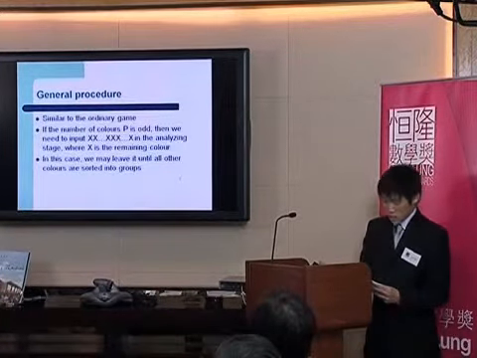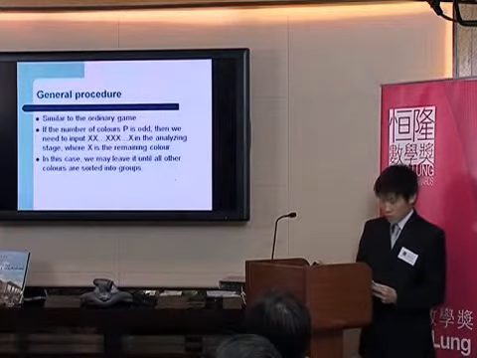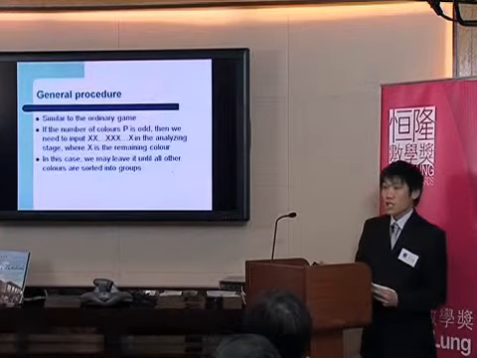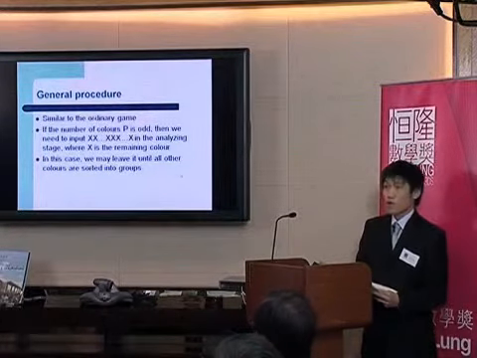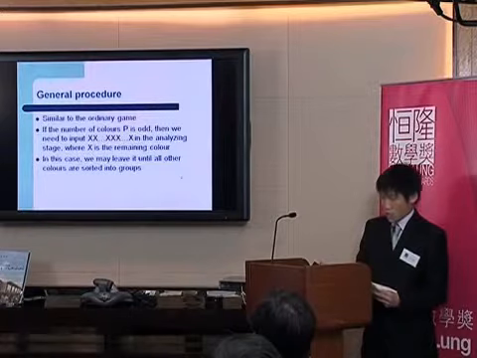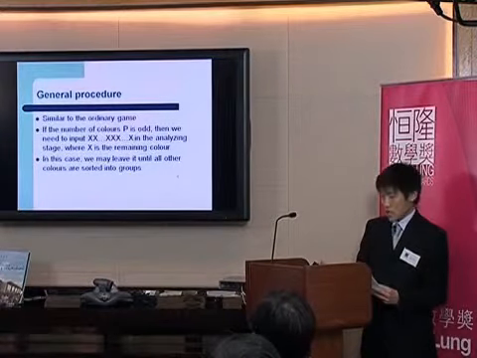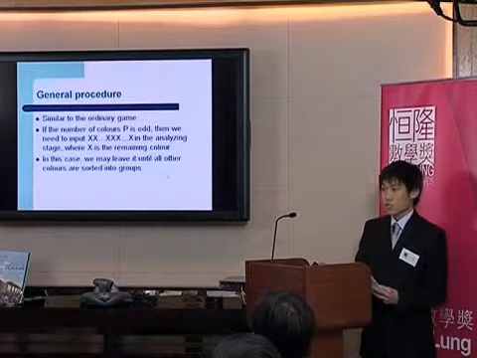As you can see, the same method can be applied to a general game. The only difference is that if the number of colors is odd, then we need to input 1 more trial using only the remaining color. In this case, we may leave that color until all the other colors are sorted into groups.